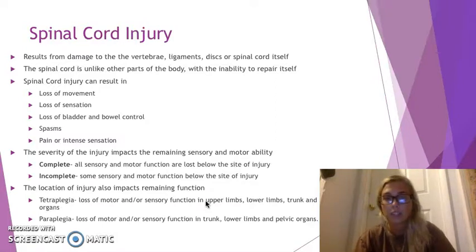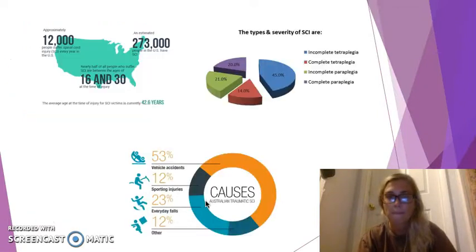The location of the injury, like I said, also impacts the remaining functions. So tetraplegia is loss of motor function and sensory control in upper limbs, lower limbs, trunk, and pelvic organs, so basically from the neck down. And paraplegia is loss of motor and sensory function in the trunk, lower limbs, and pelvic organs, which in most cases is waist down.